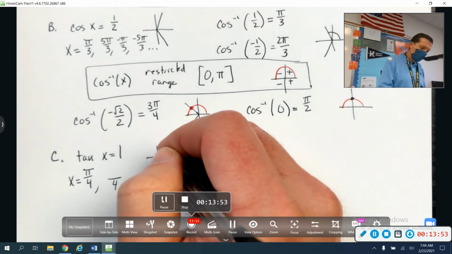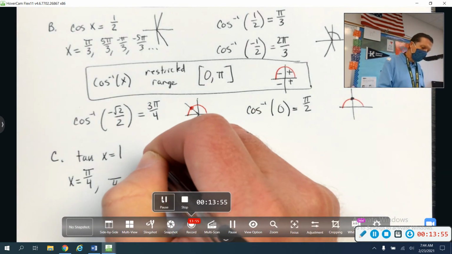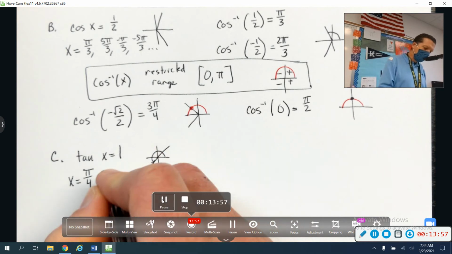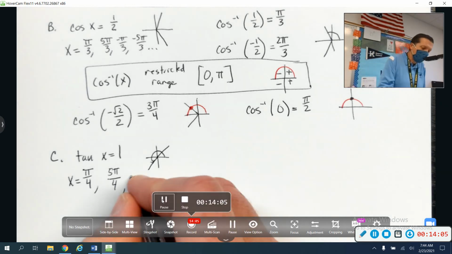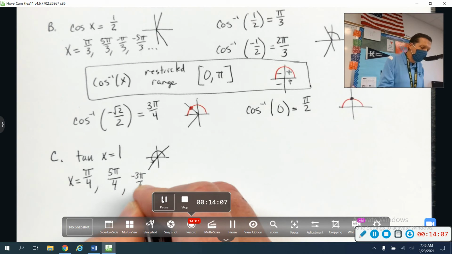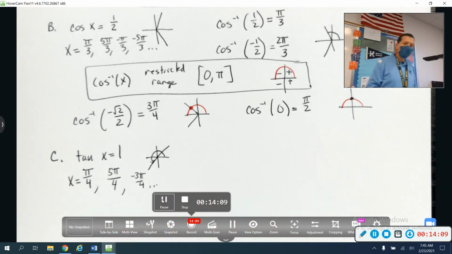Well, you could get there a negative way, but if I went there a positive way, it's a little bit past pi, so 5 pi over 4. Now, it's not wrong to say negative, because negative 3 pi over 4 would land you there as well. So again, there's an infinite number of answers to where the tangent is equal to 1.